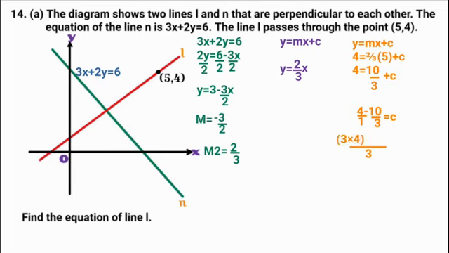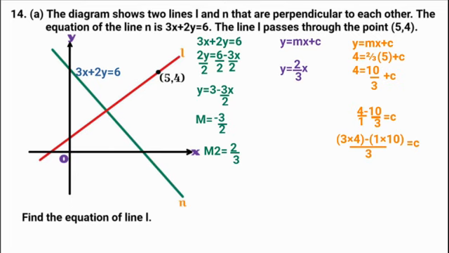Then we're going to have minus. Then the denominator of 10 over 3 is 3. 3 into 3 goes 1 time. So we're going to say minus 1 by 10, which is equal to c.